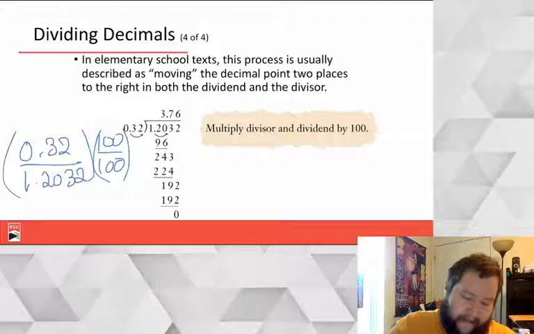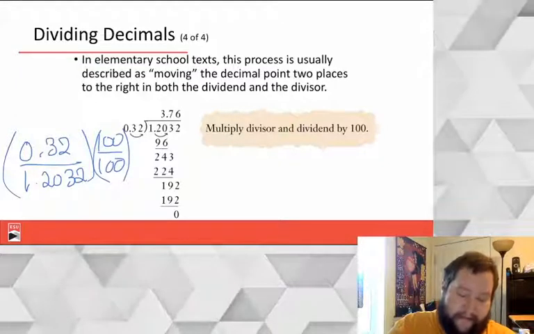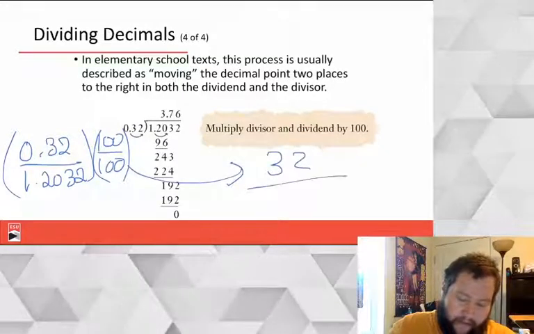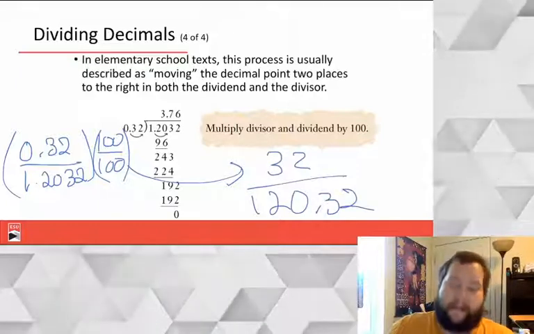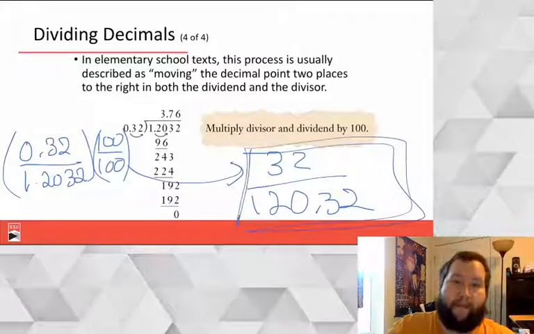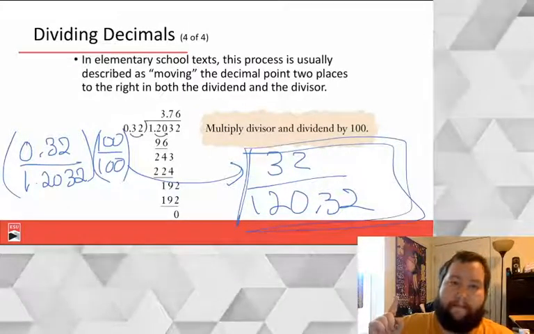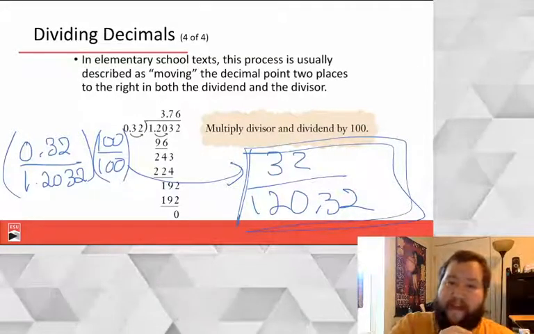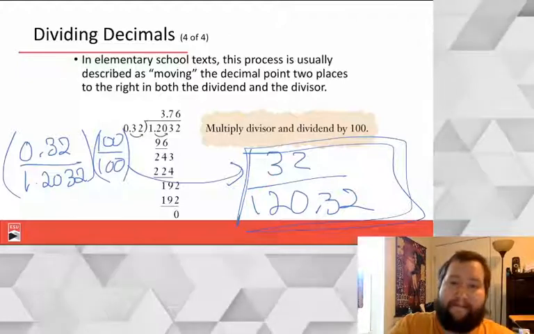And so that means that this 0.32 over 1.2032 is the same as 32 over 120.32. And so that's precisely why we can multiply both of those by 100 to move the decimal point. And we know from a previous exercise today that this quotient and this quotient will be the same.